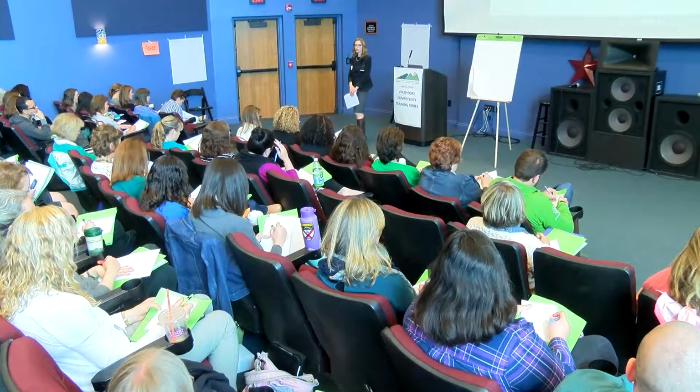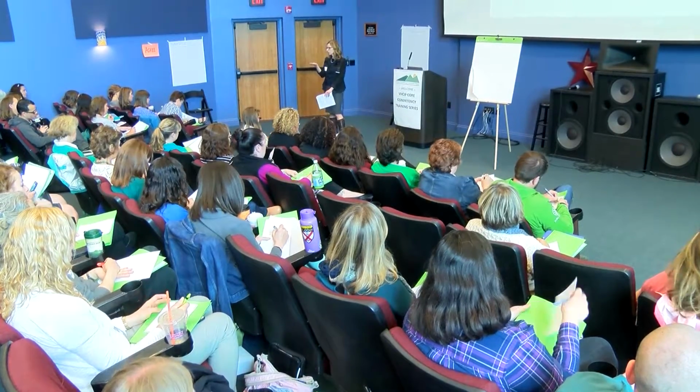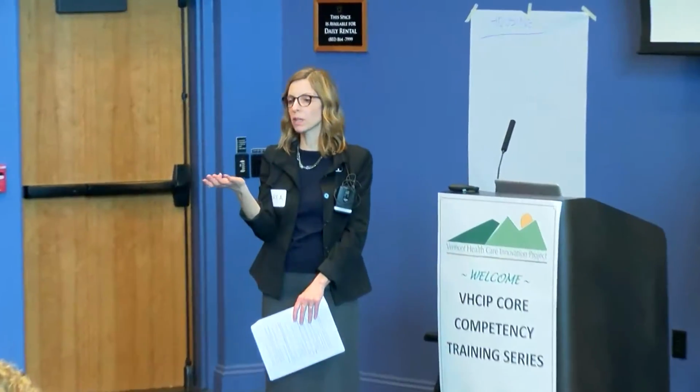So the next thing you're going to do is write on the other side of the paper how you think this person's family or close friends might describe this same person. Someone who knows them.